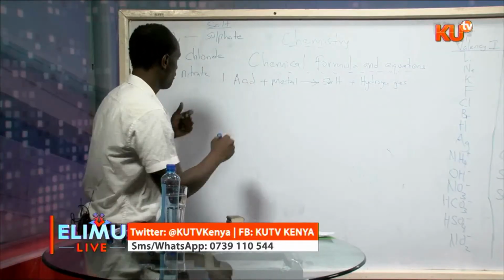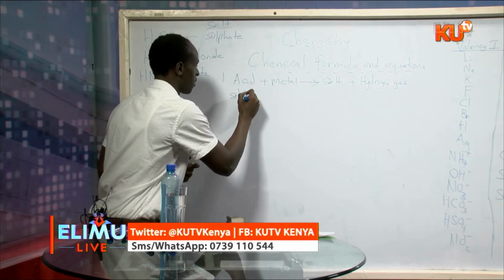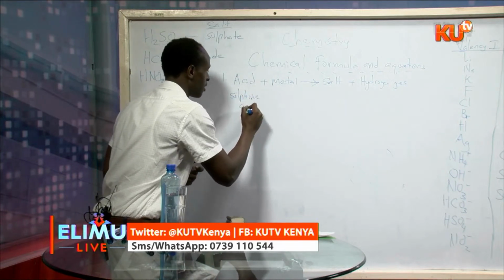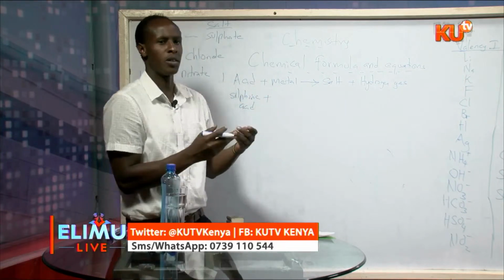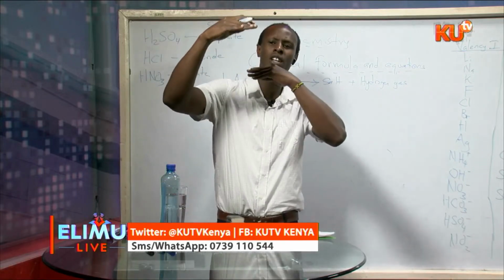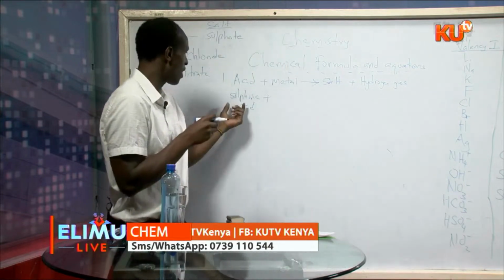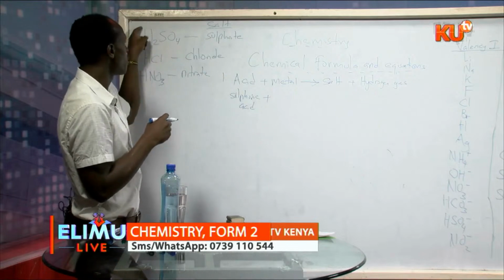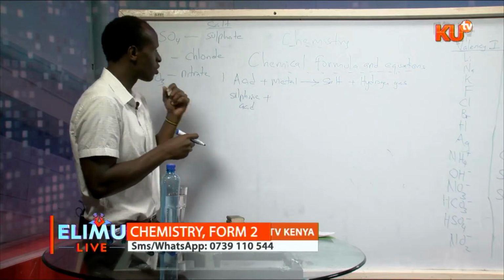So let's say we have sulfuric acid reacting with a metal. The metal should be higher than hydrogen in the reactivity series, because when an acid reacts with a metal, the hydrogen is usually displaced. So that metal should be reactive.